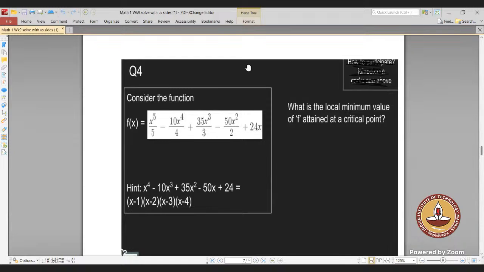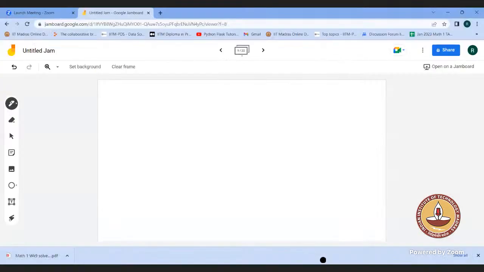And then f double dash x, and then put the critical points into the double dash x. Okay, and then what we have to check in the condition? If f double dash is greater than 0, or if it is less than 0, if it is less than 0, then what can we conclude? Then we've got the maximum.